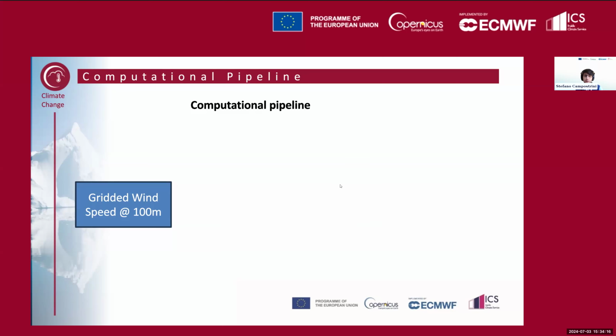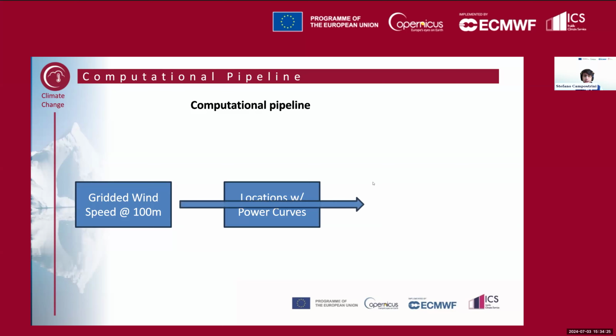But after we have our gridded wind speed data and our locations with power curves that I described to you before, we just put our wind data through the locations and power curves pipeline.